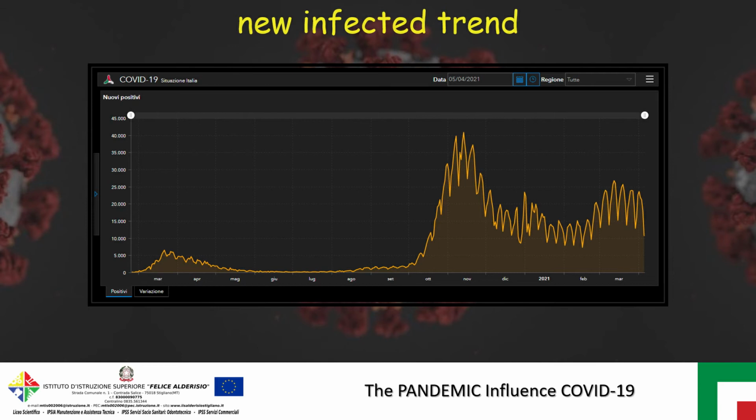Let's move to the next graph about the new infected trend. As we can see, from March to May the number of infected people is rising, but only since September have we seen the highest number of confirmed cases.